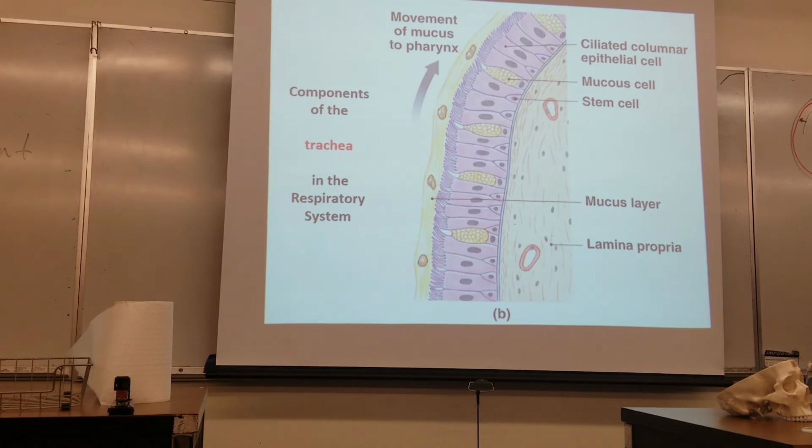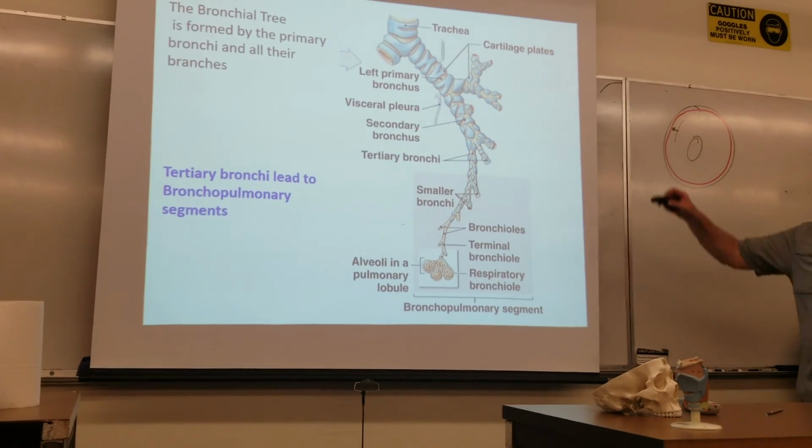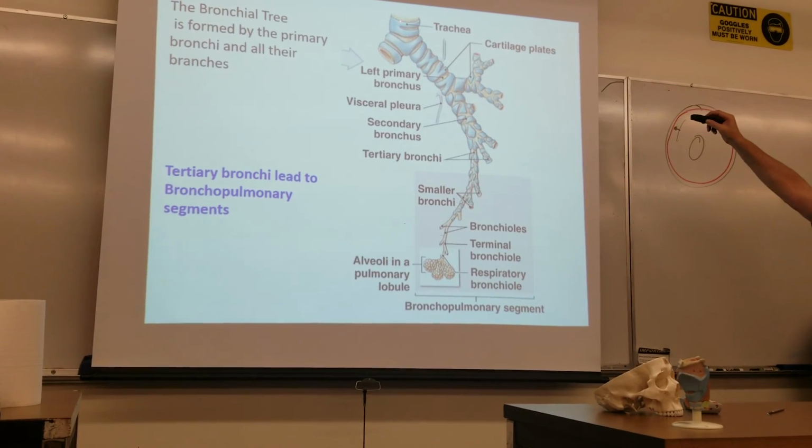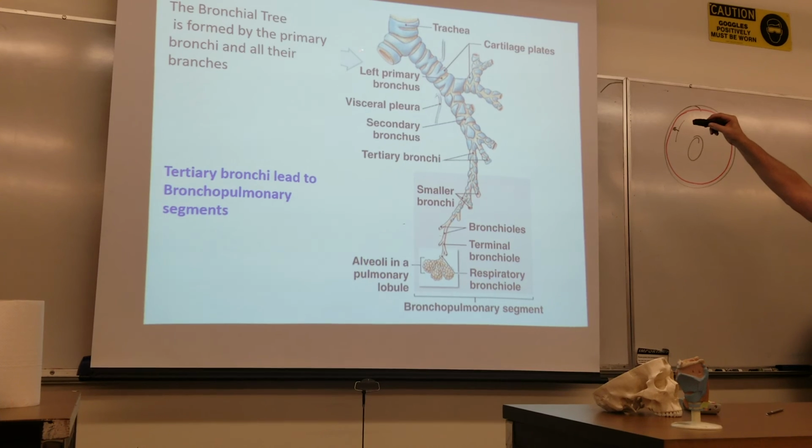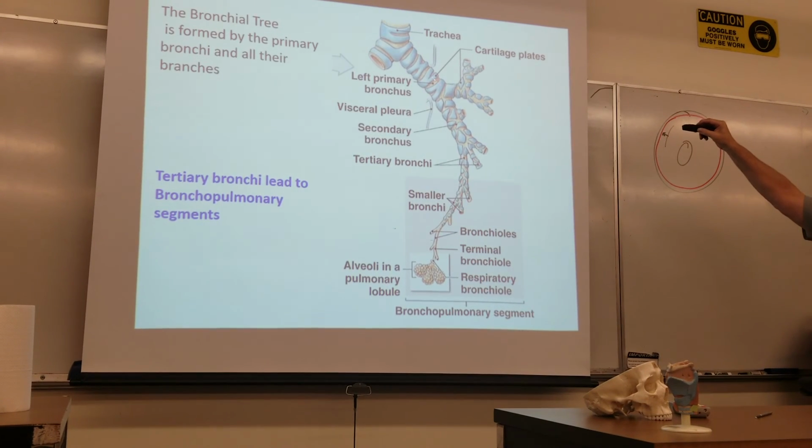All right, so now we're on to the rest of our respiratory tract. So you practice for a minute. Trachea, right? Right primary, left primary, 1 secondary, 2 secondary, so they have 1, 2 lobes. But then secondaries will become tertiaries. Tertiaries lead to what's called a bronchopulmonary segment.